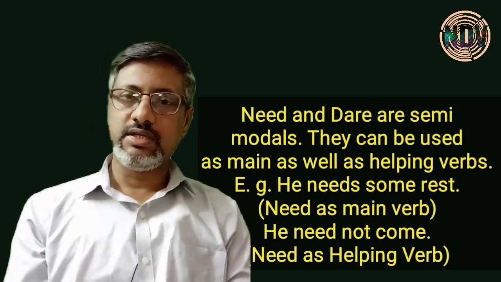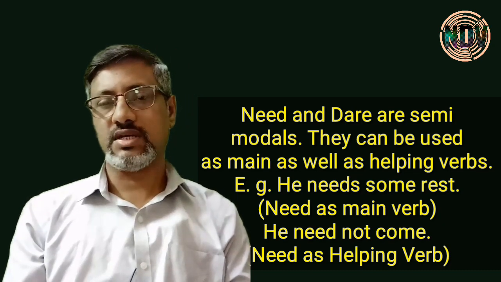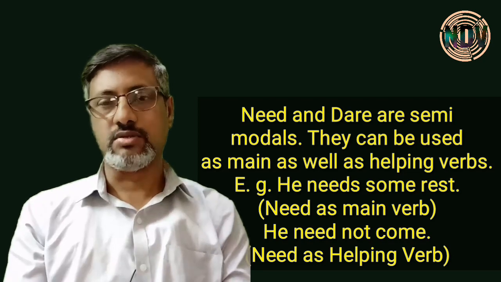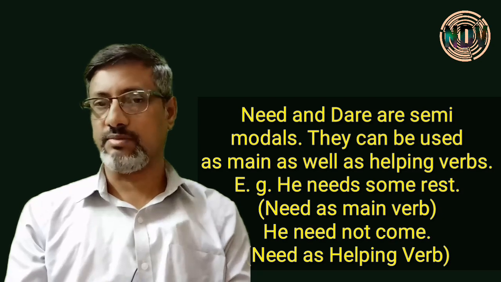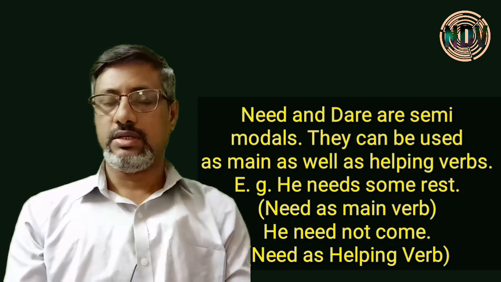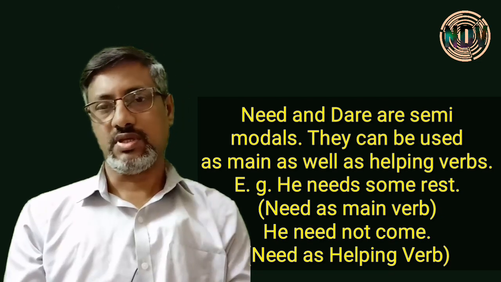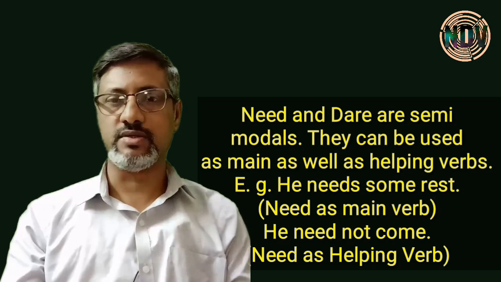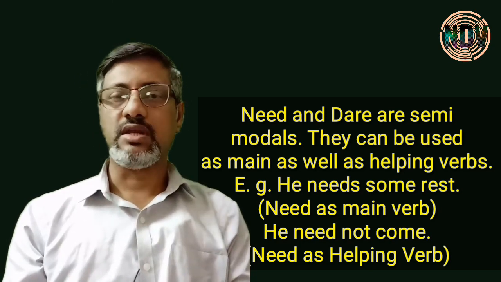So out of these, I said that need and dare, these are semi-modals. These are semi-modals because now I have used the word modal, that we are going to discuss modal verbs in a separate video lesson. So modal verbs are those verbs which are used to give some color to the verb, to give some mood to the verb, and we can use not immediately after a modal verb.